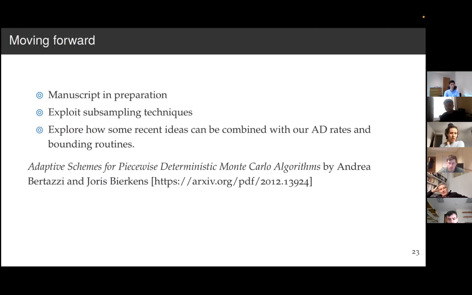And then we want to explore some recent ideas that can be combined with our automatic way of deriving the rate and bounding. Of particular appeal is the adaptive scheme by Bertazzi and Bierkens, which essentially gives you a routine to match the velocity to the target density so that it performs as well as a zigzag sampler would perform on an isotropic Gaussian.